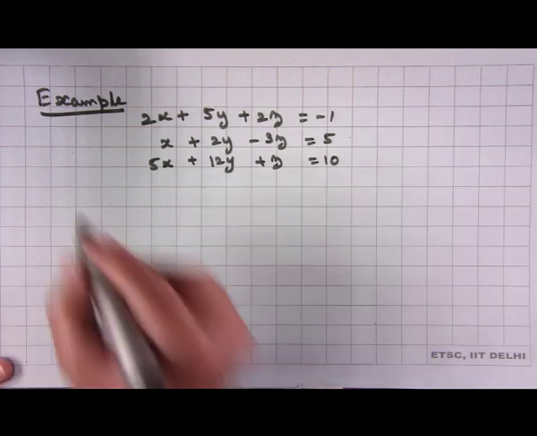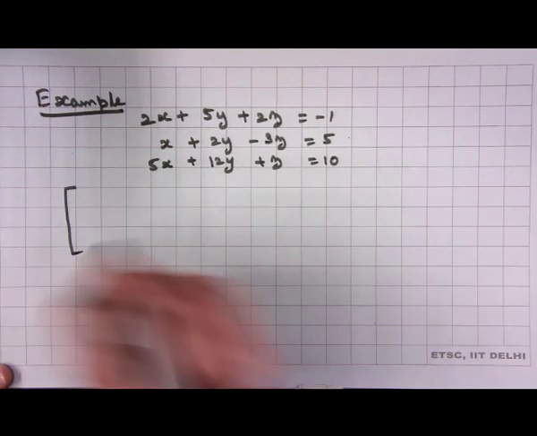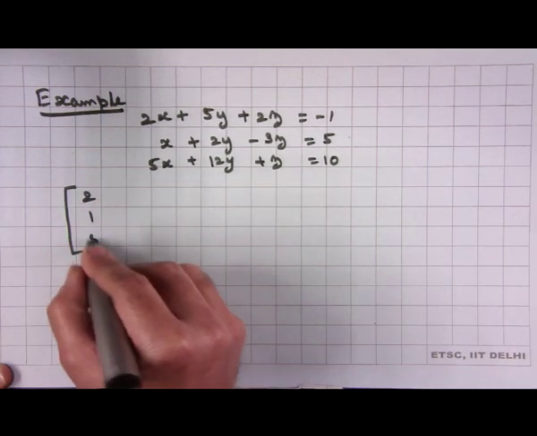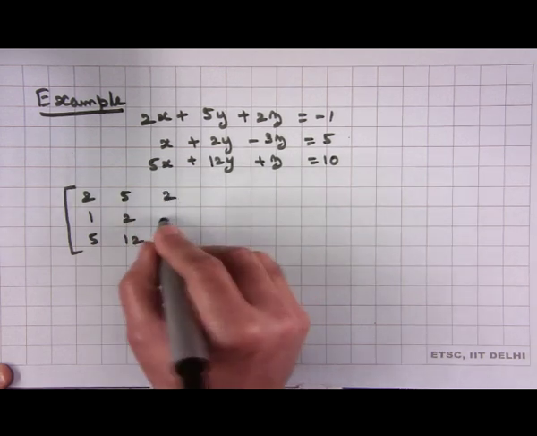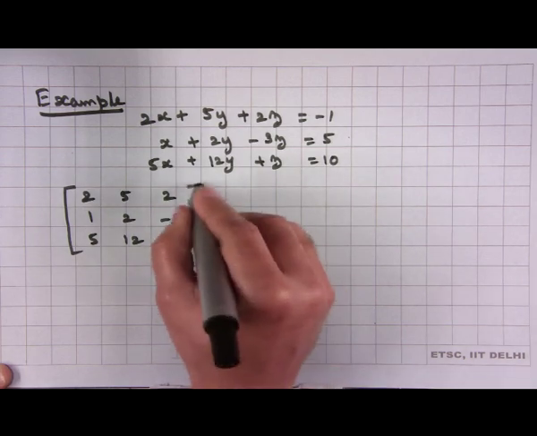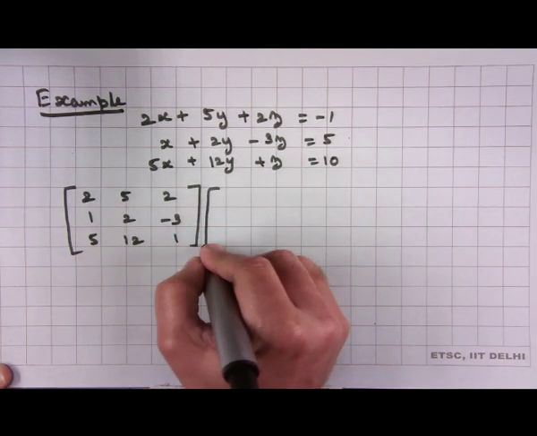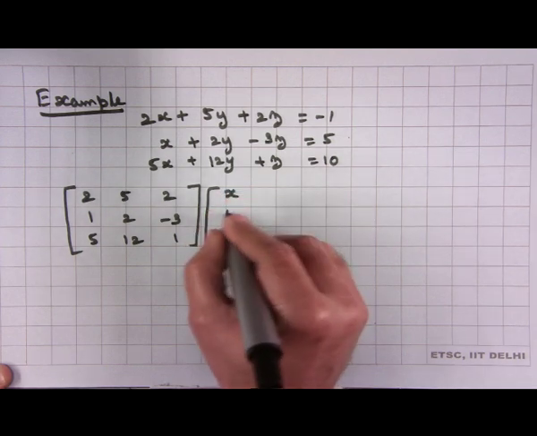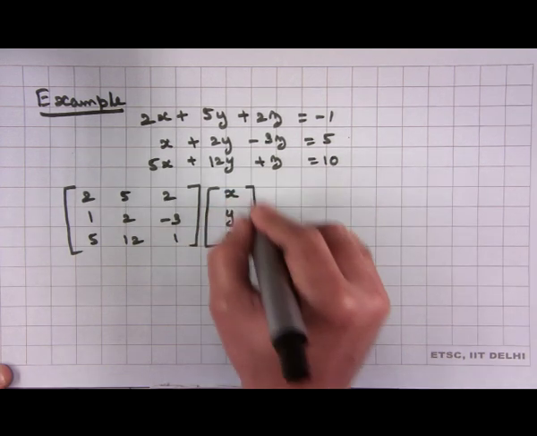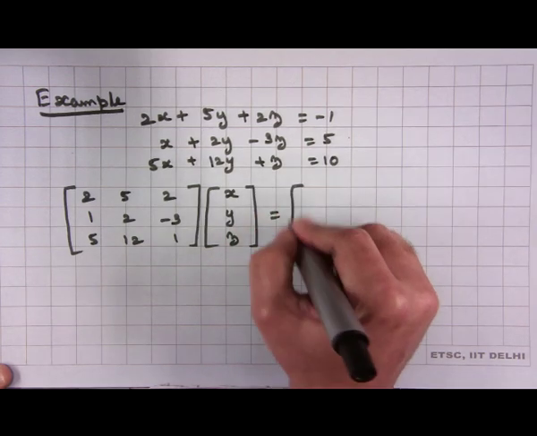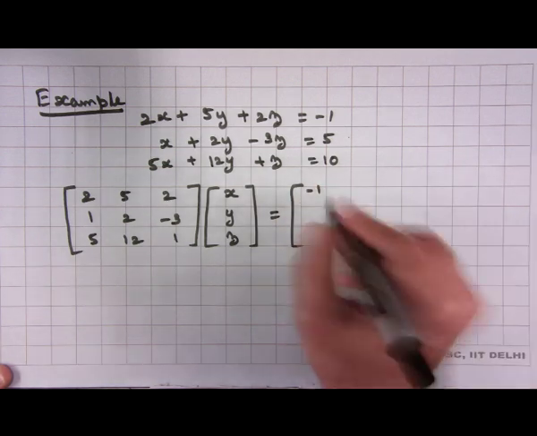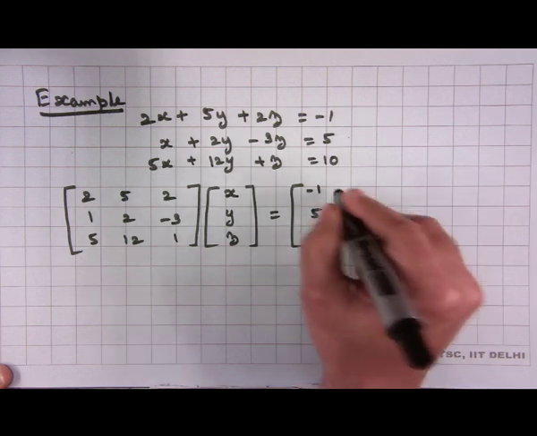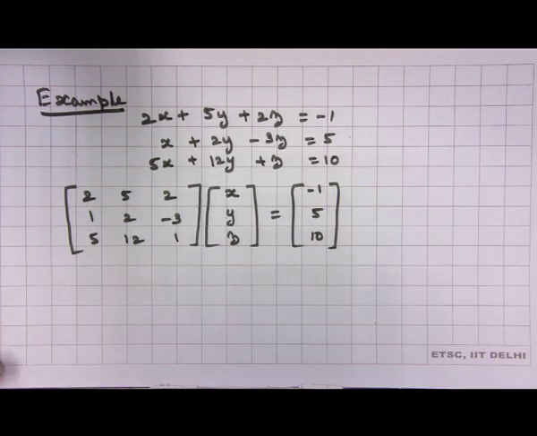As usual, let us write it down in the matrix form: the coefficient matrix with rows 2 5 2, 1 2 minus 3, 5 12 1, times the unknowns x, y, z. The constant term matrix is minus 1, 5, 10. We have written the given system in terms of matrices.